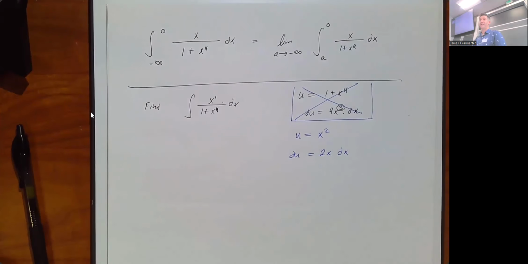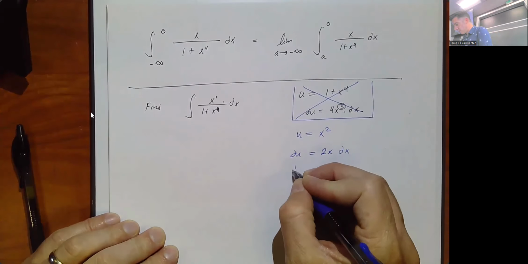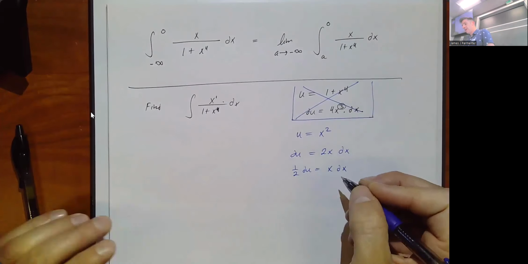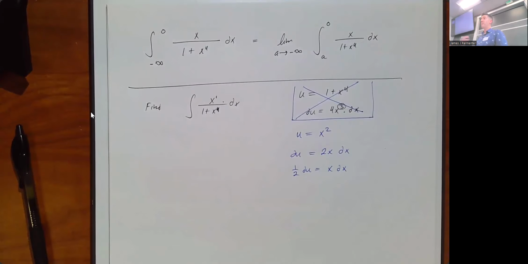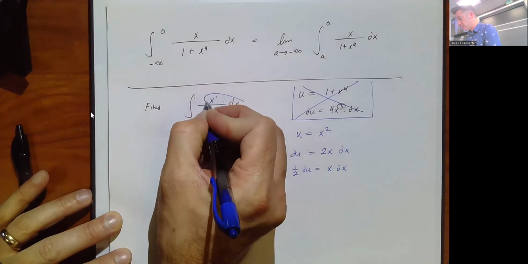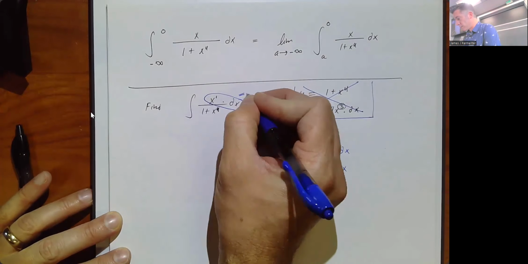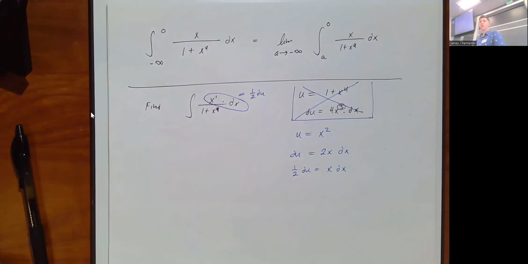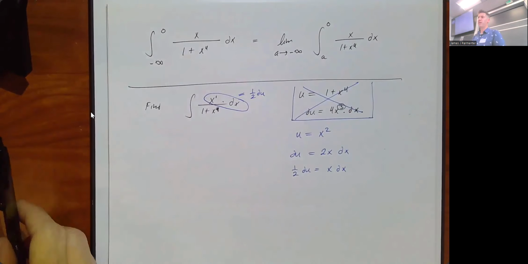I do have an x times dx in my integral. That's a good sign. So I'm going to rewrite this as 1/2 du is equal to x times dx. When I start rewriting my integral, that's the part I worry about first. I'm always making sure that this transforms into something with du. The rest we can fix.